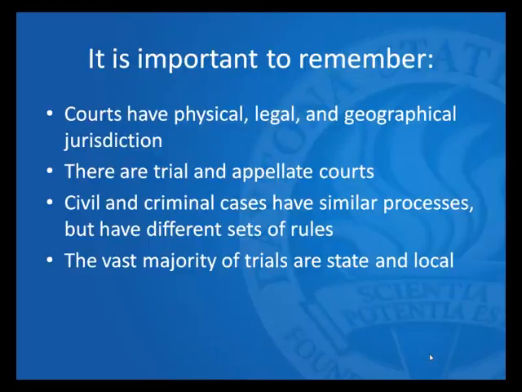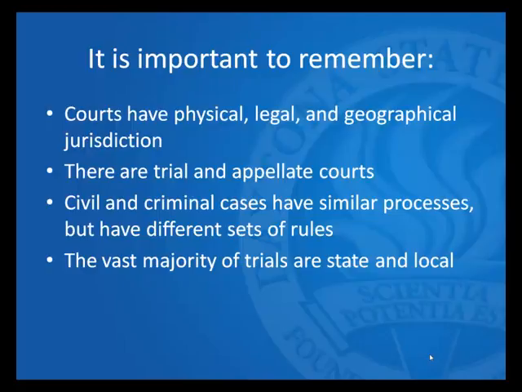It's important to remember a couple things. Courts have a physical jurisdiction. State courts can only practice within their state, the federal district courts within their district, and the federal circuit courts within their designated circuit. They also have legal jurisdiction, whether they're general jurisdiction or specialized jurisdiction, and that jurisdiction can be based on geography or the physical person.